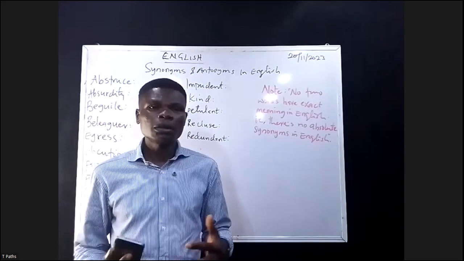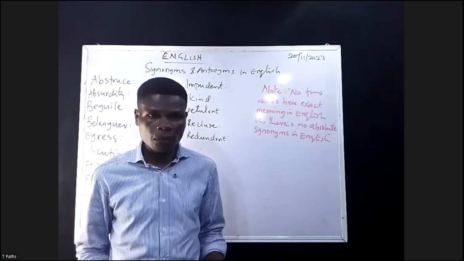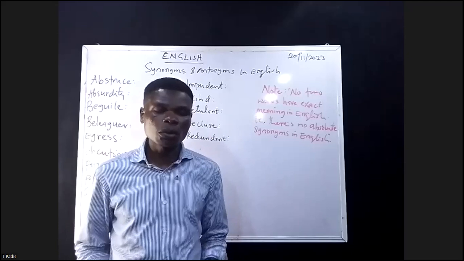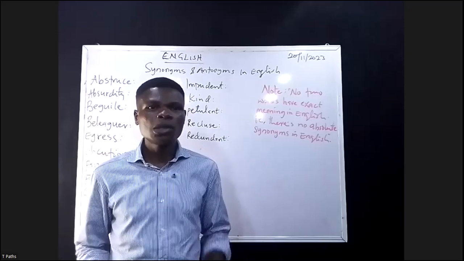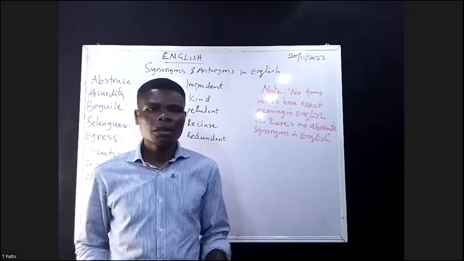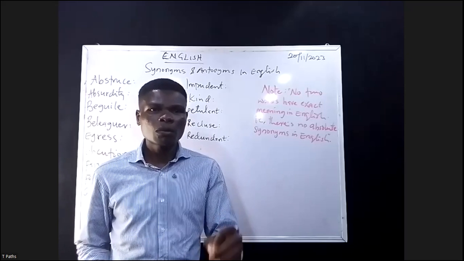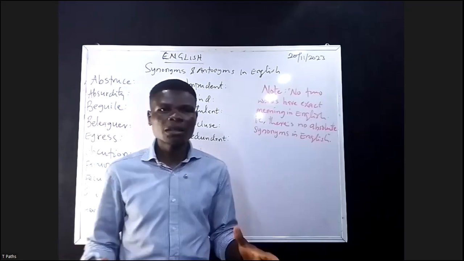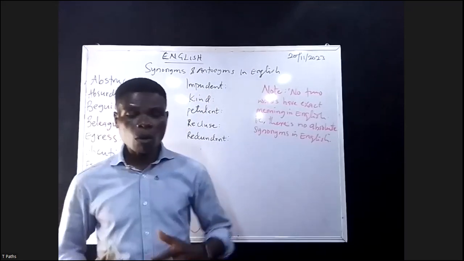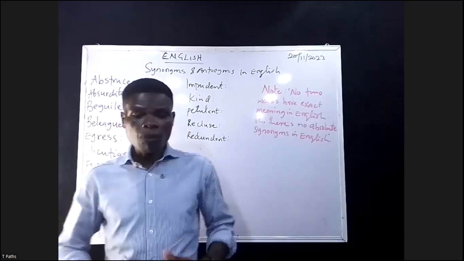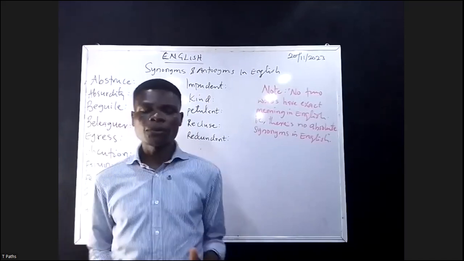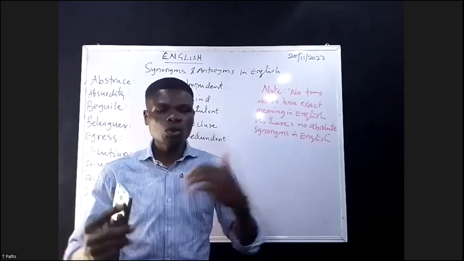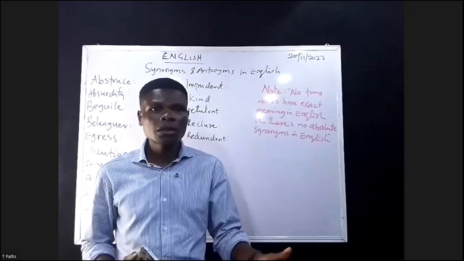The essence of that session was to show you how JAMB over the years have been setting their questions in English, and the aspect areas in English where those questions are brought out, the different sections or different aspects of English.